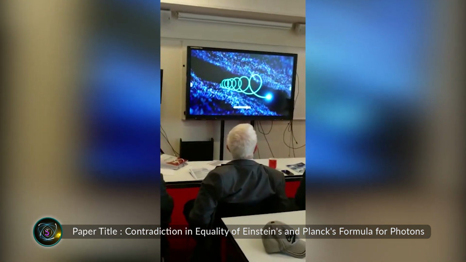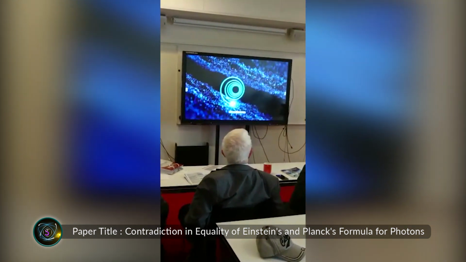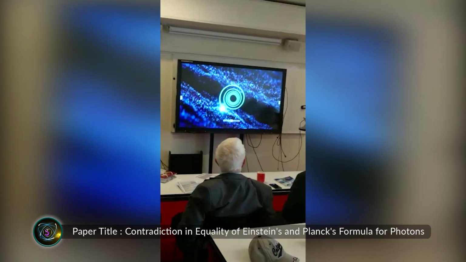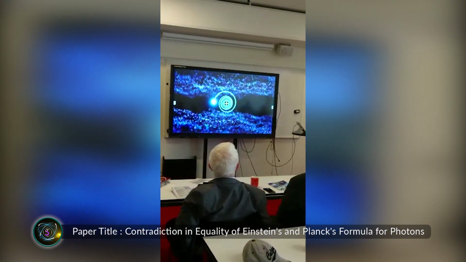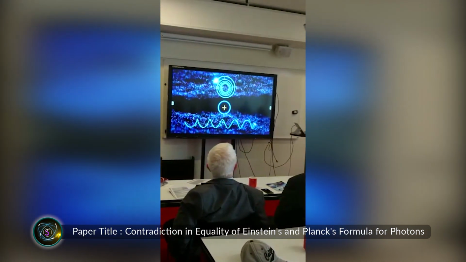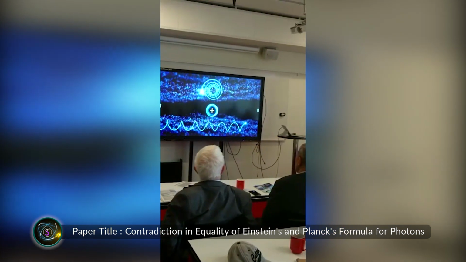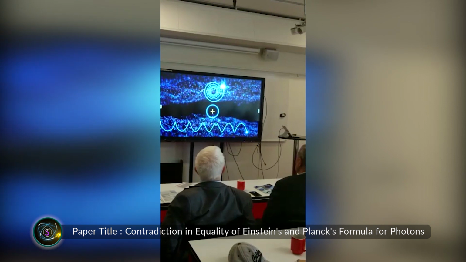As mentioned before, the photon has a three-dimensional motion, including a wave-like movement and a rotating motion. So its energy consists of these two types of movement.